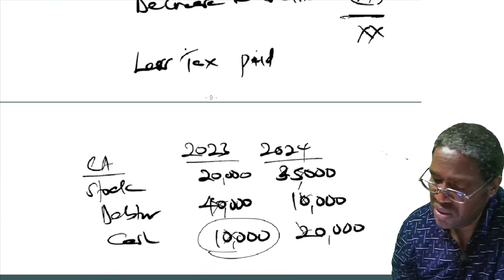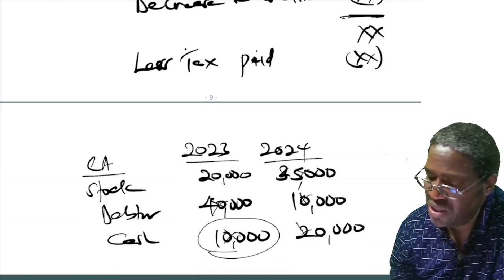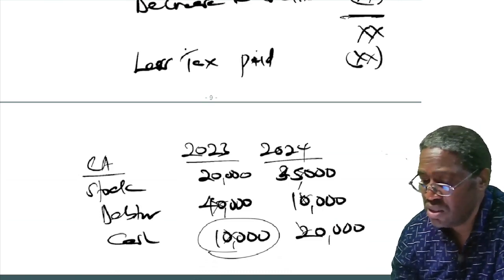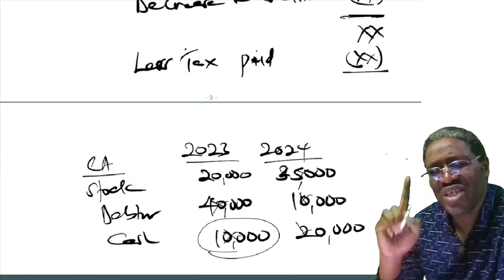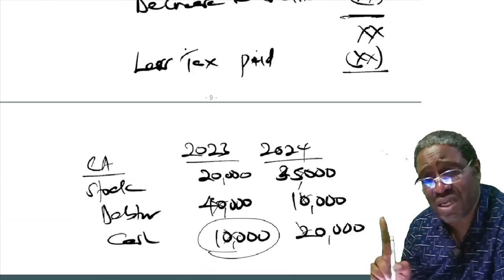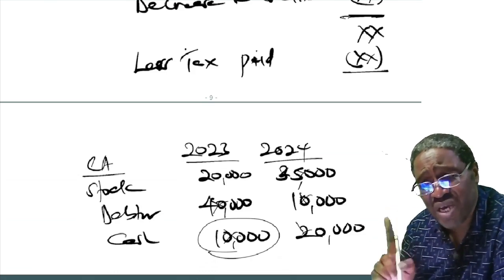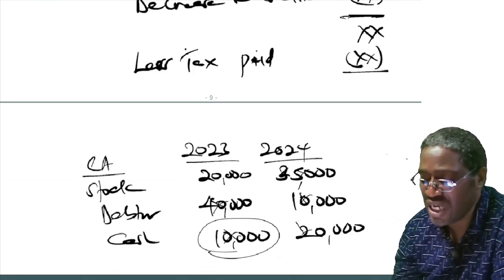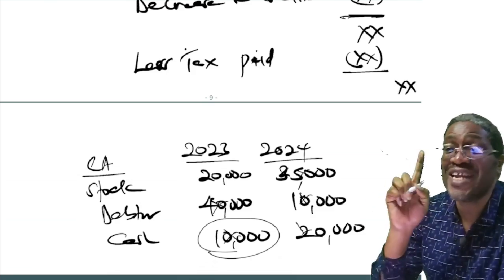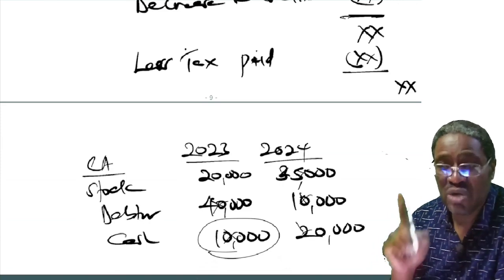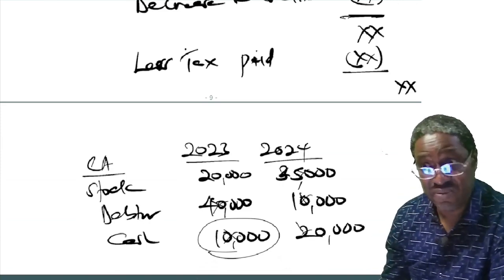Whatever you paid this year as a company for taxes, minus. Listen to this now. Whatever you get after minusing tax becomes the net cash flow from operating activities.